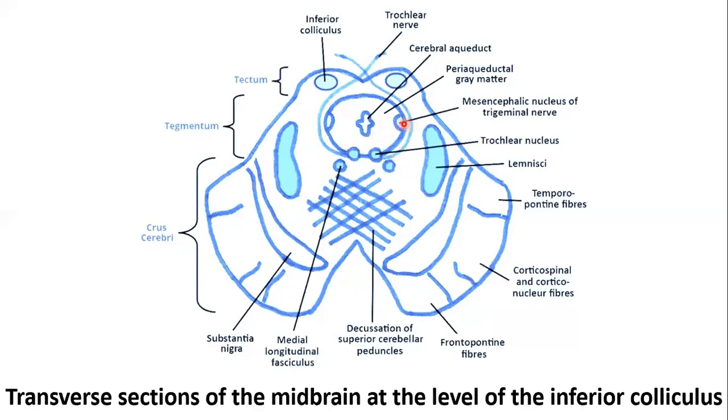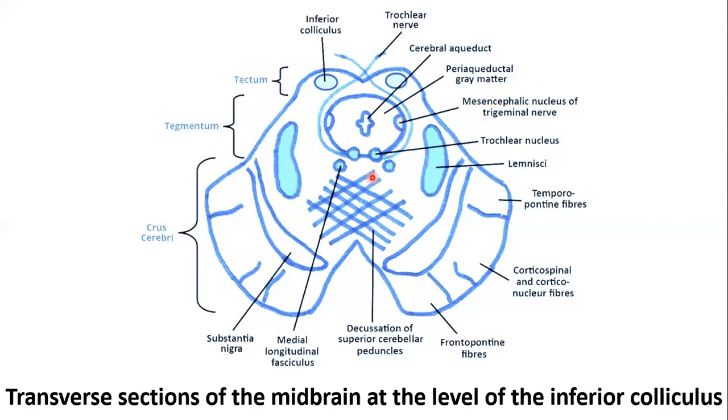A few words about this mesencephalic nucleus: it is a long nucleus extending from the upper spinal level to the medulla, to the pons, and up to our midbrain. So it is present throughout the brainstem.